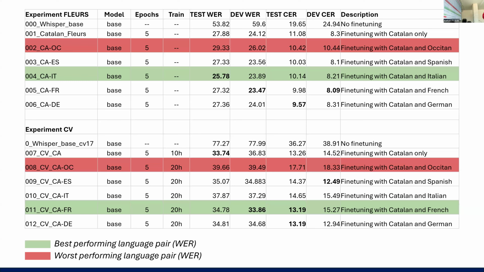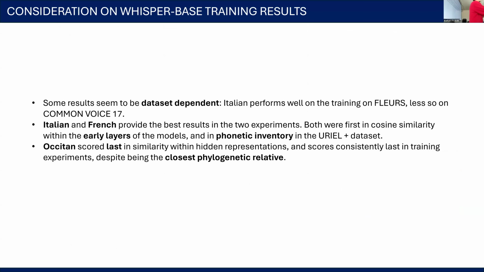So my guesses right now would be, first of all, that there is some dependency on the data set. So while for one, Italian performs best, for the other, French performs best, this is not surprising at all. Of course, whatever we train is going to be highly dependent on the quality and the type of data that we feed it. So of course, we cannot find the best answer for all of our problems just out of the box.